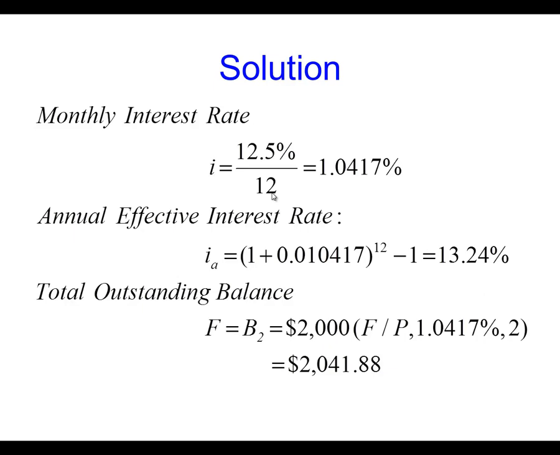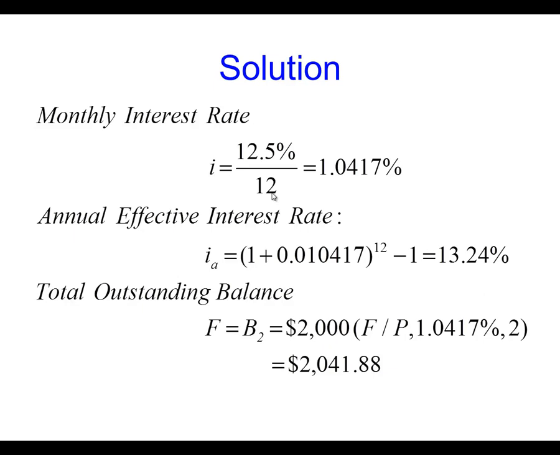Calculating that, you will get 13.24%. So the annual effective rate is equal to 13.24%. It's not equal to 12.5%, and that's the difference between the nominal and the effective interest rate.